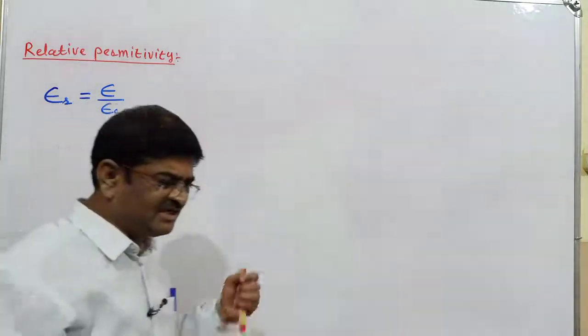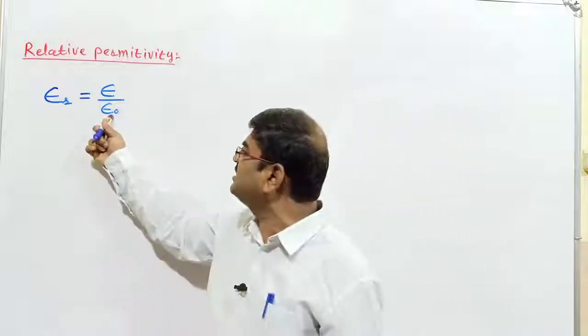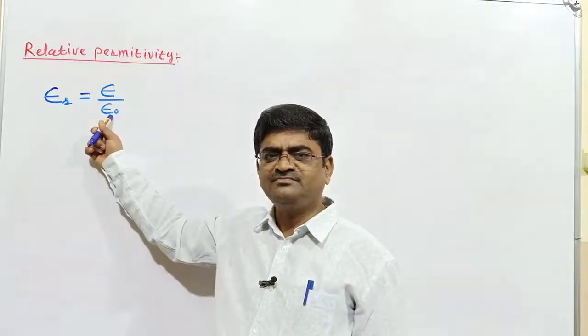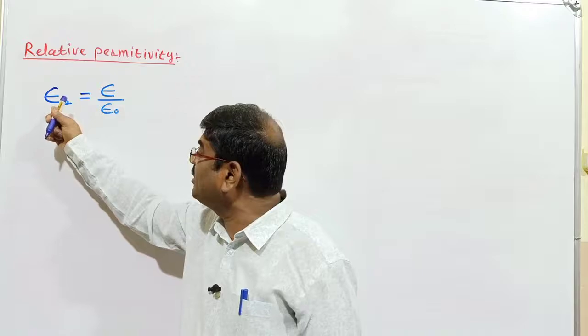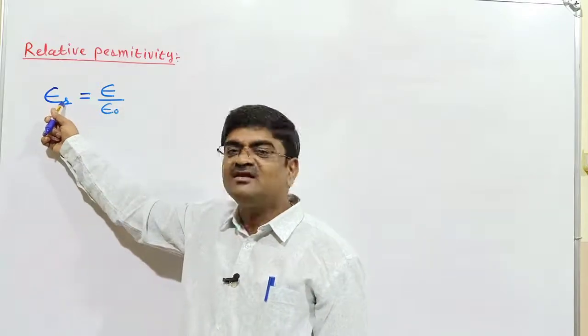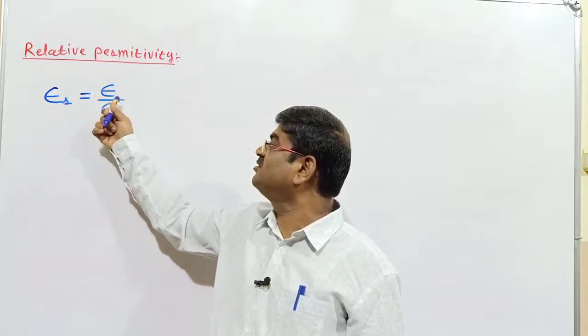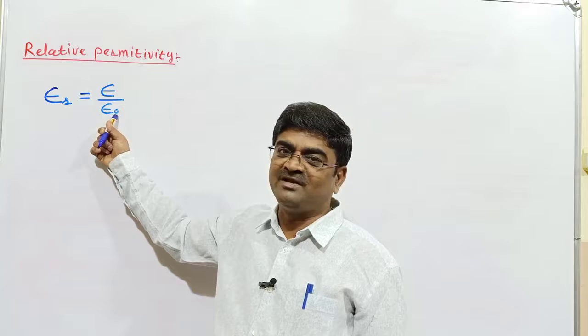That's what I say. When I compare with somebody else, who is that somebody else here? Absolute. So this is how, when I have to calculate relative permittivity of any media, I calculate in this way. Relative permittivity equal to permittivity of that media by absolute permittivity.